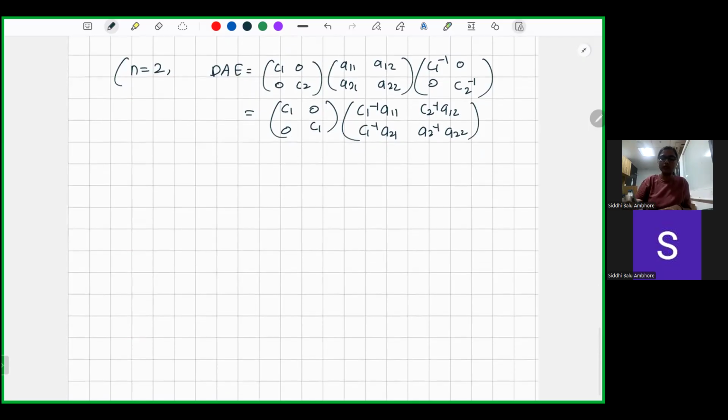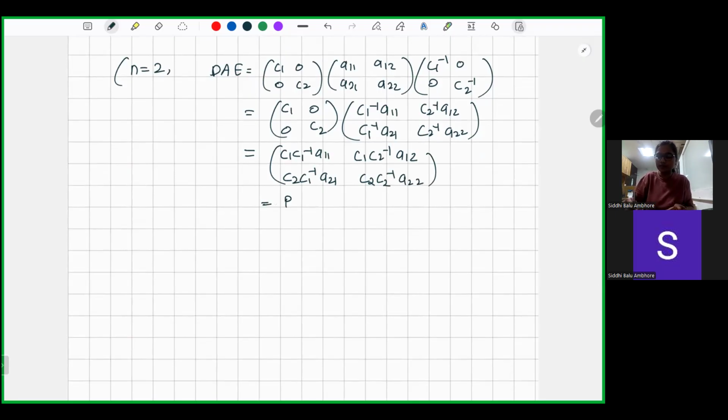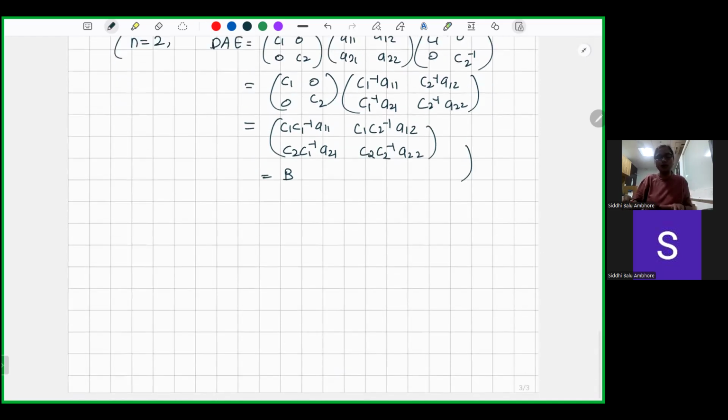So here also the same thing will happen, and I will get C1 C1 inverse A11, C1 C2 inverse A12, C2 C1 inverse A21, and C2 C2 inverse A22. And this is what my matrix B is, as we wanted. Okay, so I get that.